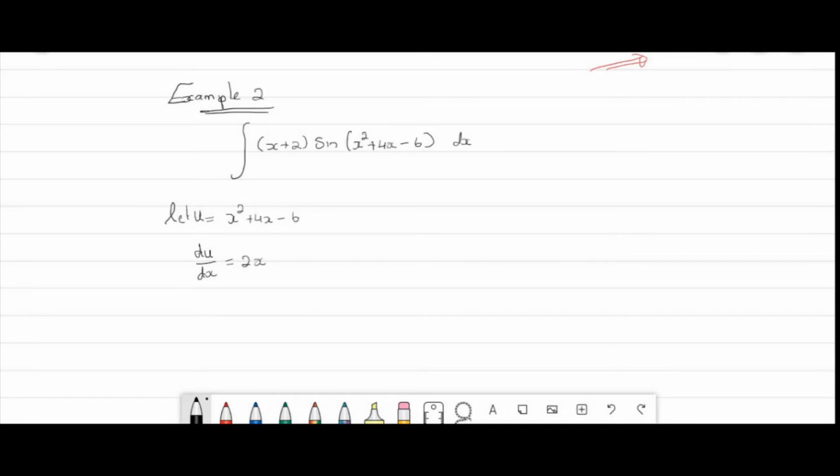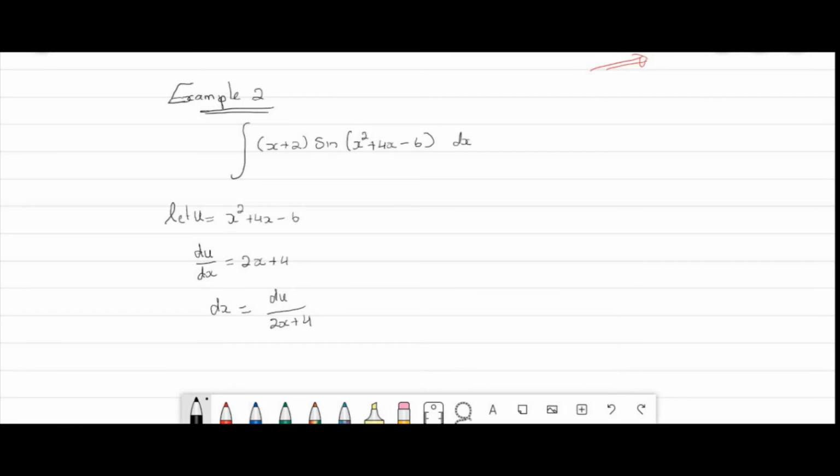When I derive 4x, I'll have plus 4. Then this is 0. So therefore, making dx the subject of the formula, that means I'll have dx is equal to du over 2x plus 4.